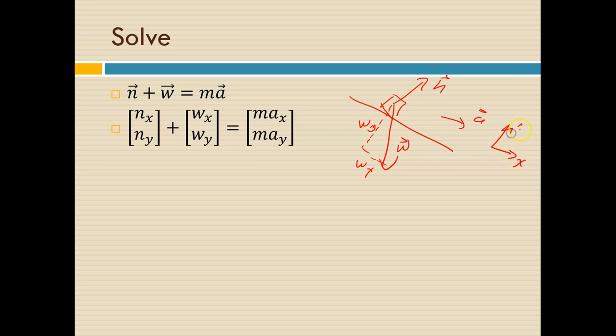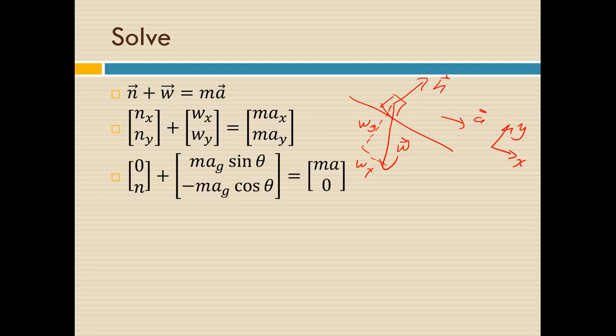Positive x downslope, positive y perpendicular to the slope. And now you can see that the x component of the normal is going to be 0, and the y component of the normal is just the magnitude of the normal. The x component of the acceleration is the acceleration, the y component of the acceleration is 0. That leaves us the components for W: it's m a sub g sine theta for x, and minus m a sub g cosine theta for y.